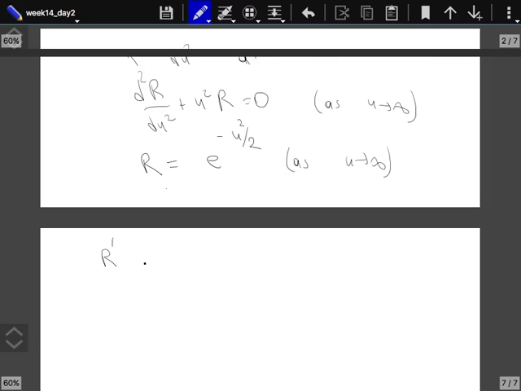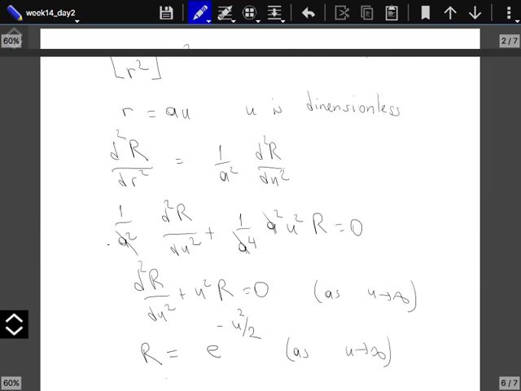R prime, the derivative with respect to u, is minus u times R. R double prime is minus R plus minus u times the derivative of R, which is minus u times R. So there is a minus sign.